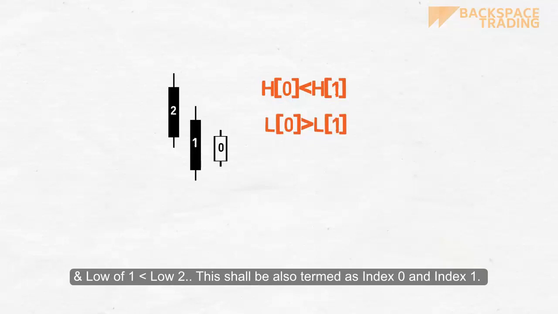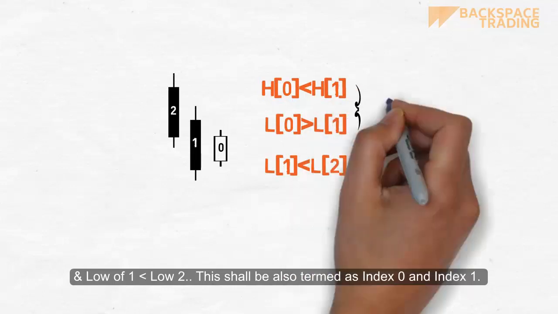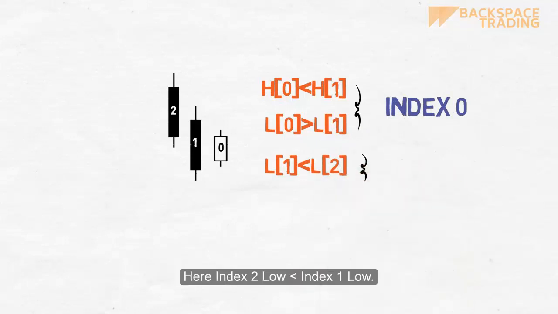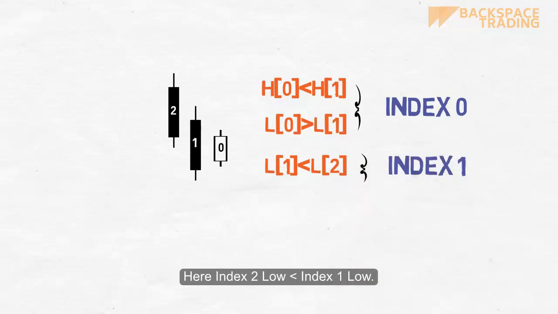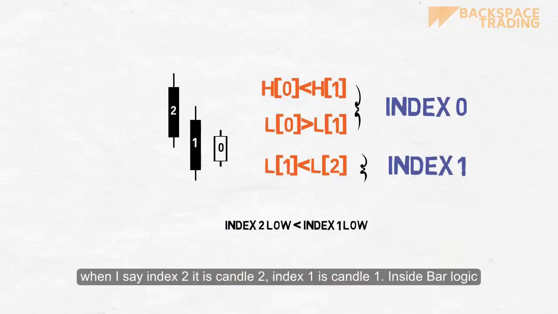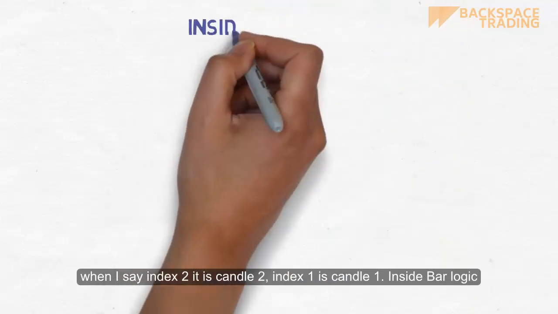And one more thing, low of 1 is less than low of 2. This shall also be termed index 0 and index 1. Now here index 2's low is less than index 1's low. When I say index 2, it's candle 2, index 1 is candle 1. See, it's just representation like that.